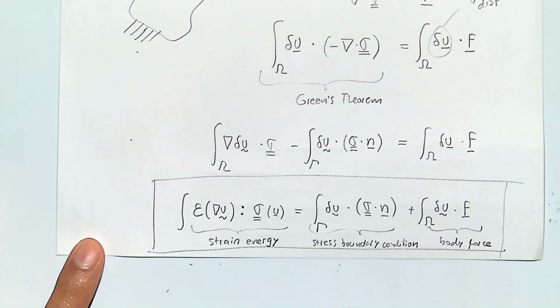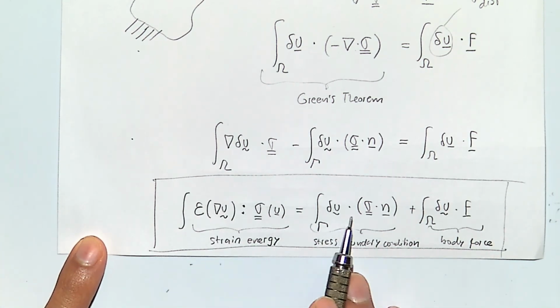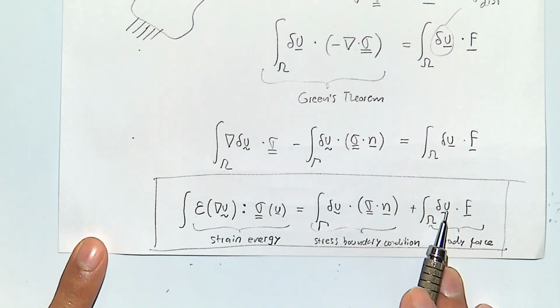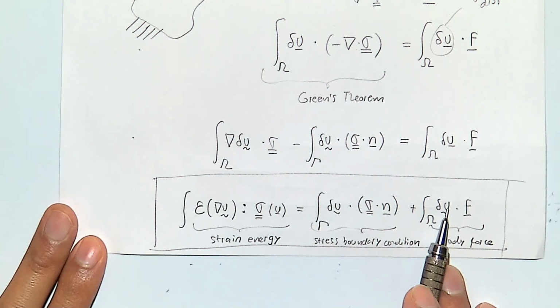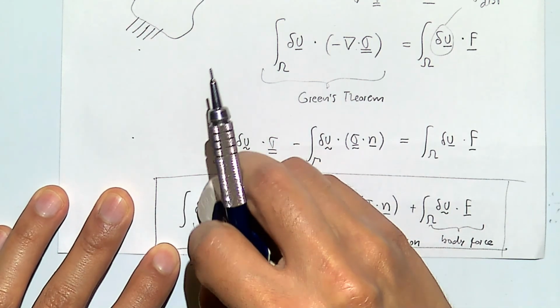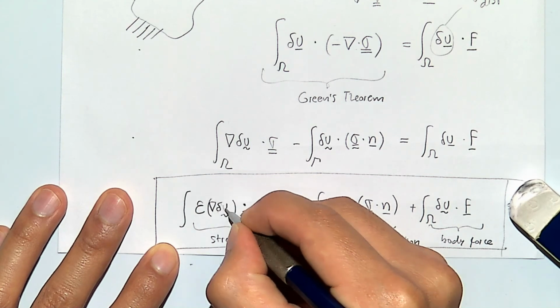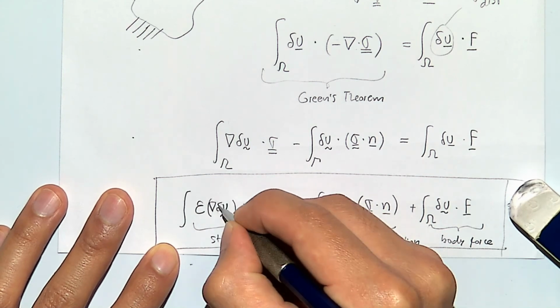This equation written with these virtual displacements here, there, and there, it's what is called, wait, I forgot something in here. This is the gradient of the virtual displacements.